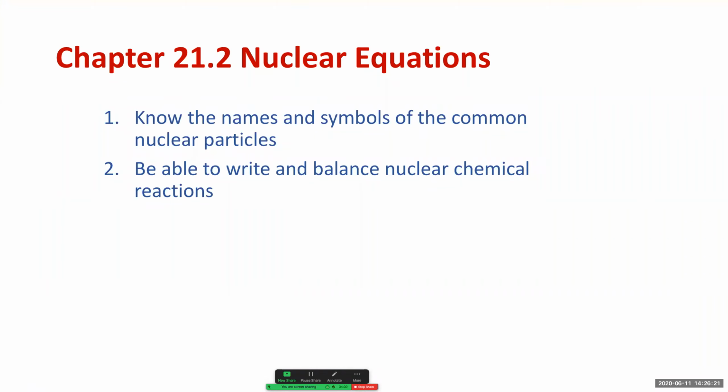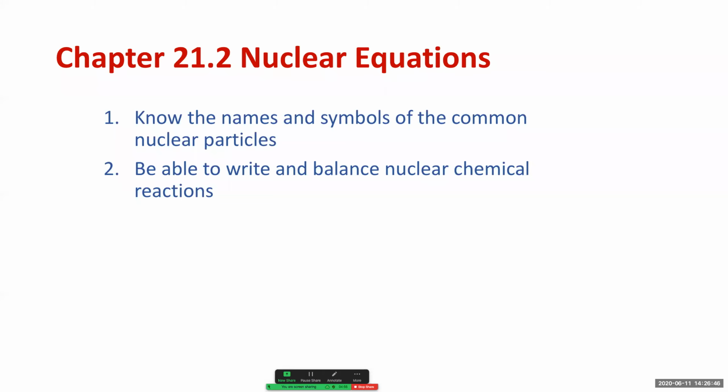Okay, chapter 21.2, nuclear equations. The first objective is to know the names and symbols of the common nuclear particles. These are the subatomic particles commonly found in nuclear reactions.